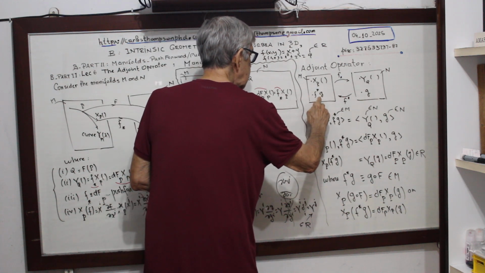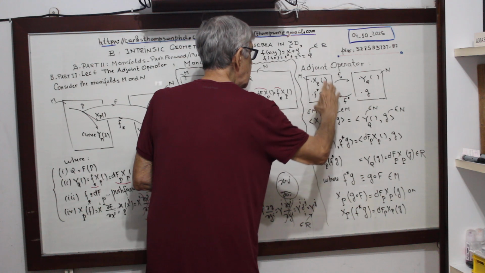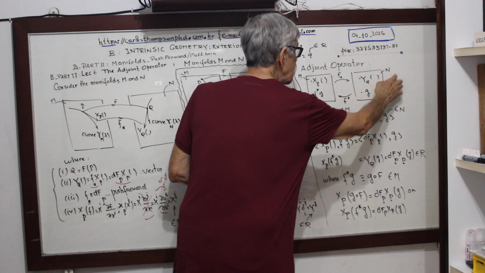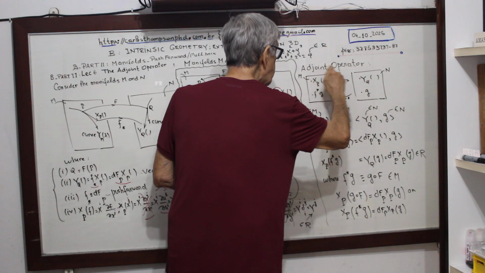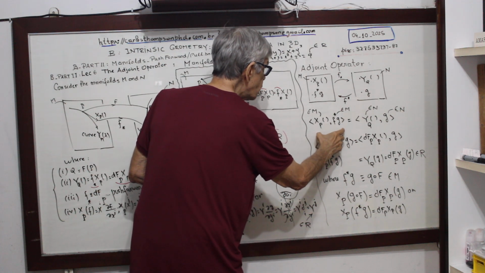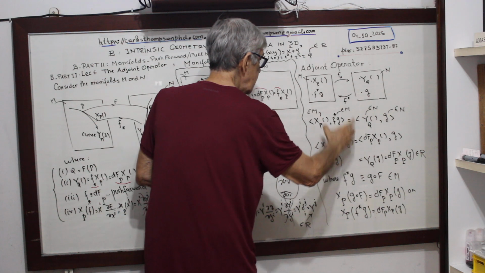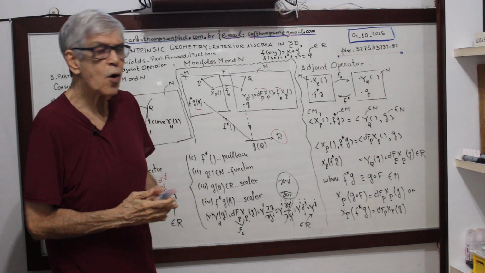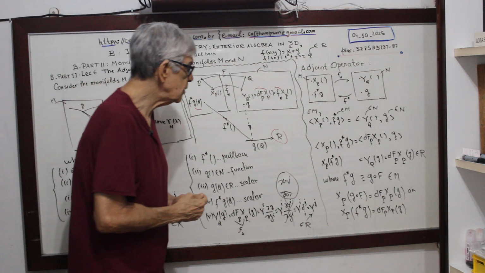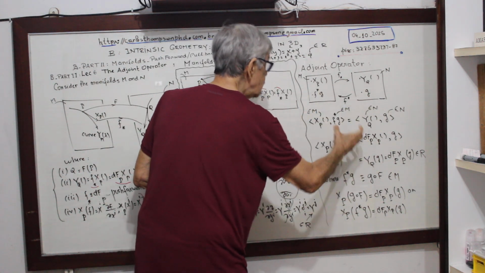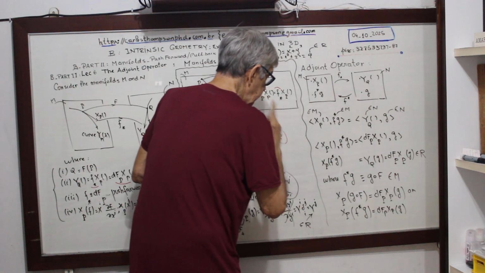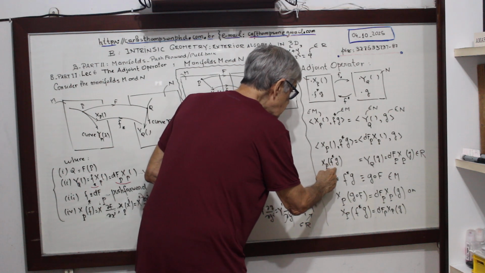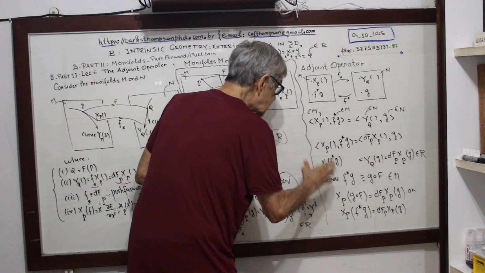Then, just to clarify, I just copied from here to there. XP and the pullback of G belong to the manifold M. YQ and the function G belong to N. I apply the adjoint operator over here. You see, that's an inner product, exactly how I showed in a numerical example of the adjoint operator. I just copy from here to here. I use the adjoint operator. Now, attention now, XP acts on a function, which is a scalar.